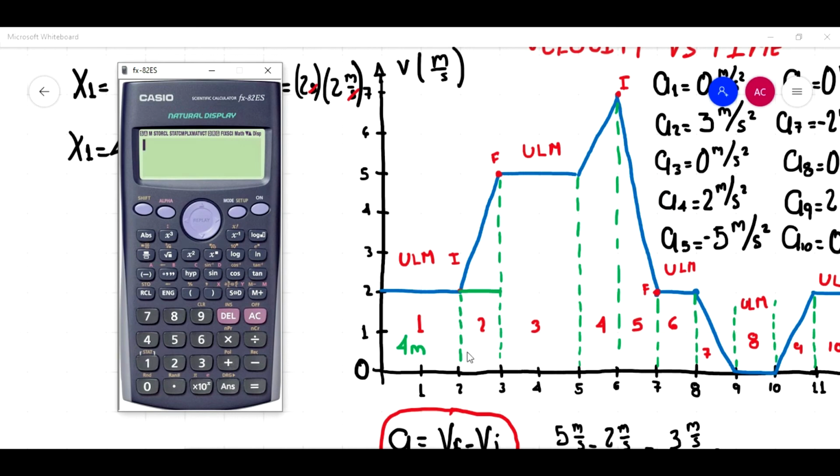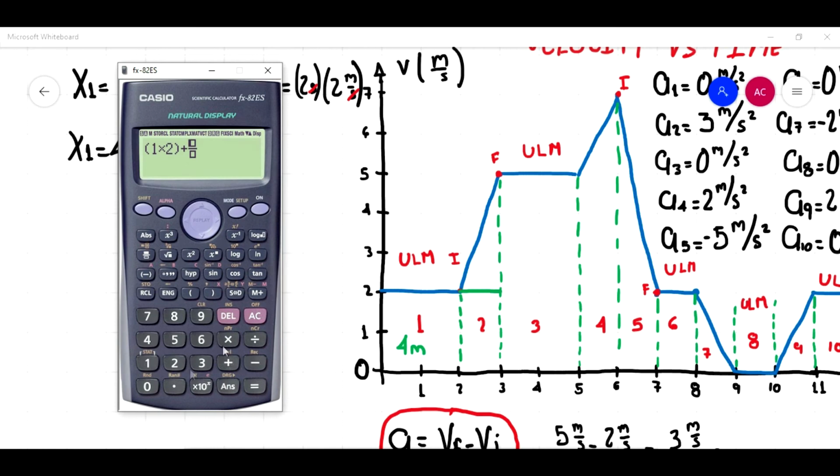This one is a rectangle, so it will be base, that is 1, times the height, 2. Plus this figure is a triangle, so it will be base times height over 2.